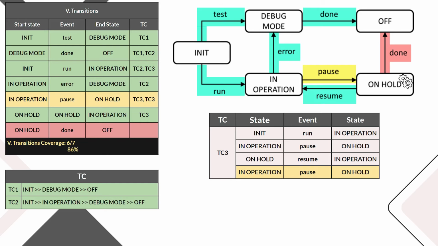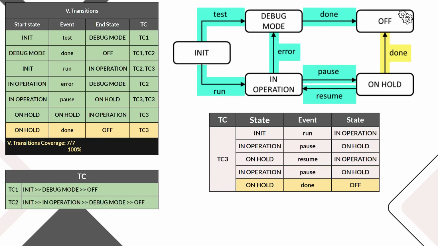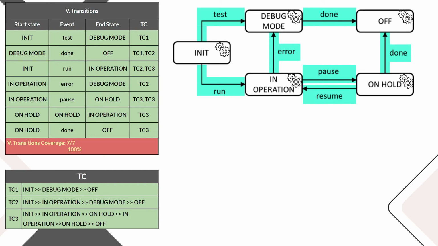Well, it's clear that the last 5th step of the test case will test the last 7th transition, from the on-hold state to the off state, through the done event. As you can see, 3 test cases are enough to cover all valid transitions and achieve 100% valid transition coverage. And again, as you can see, 1 test was enough to cover all the states. And to cover all the transitions, you need at least 3 tests.